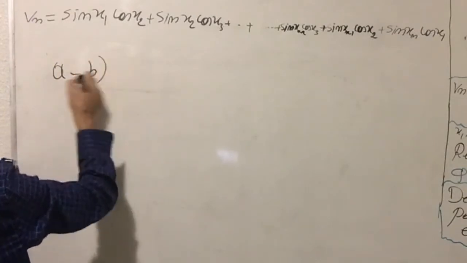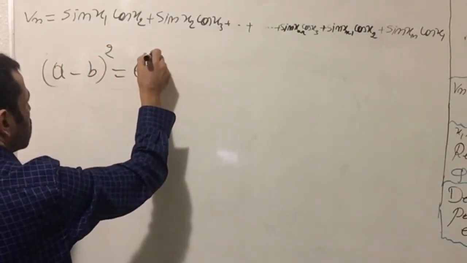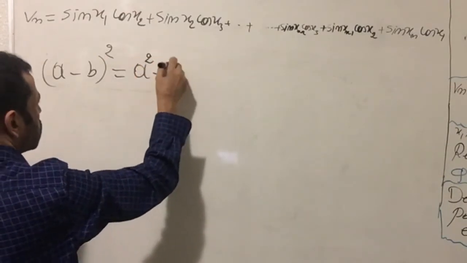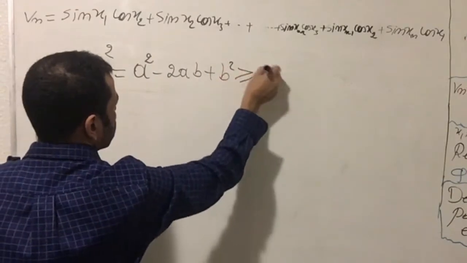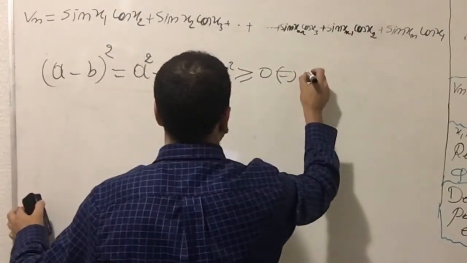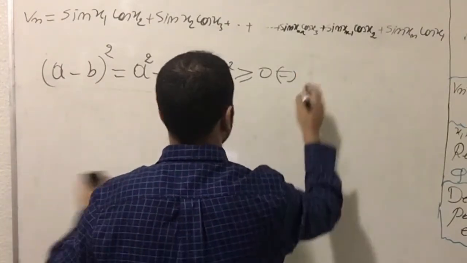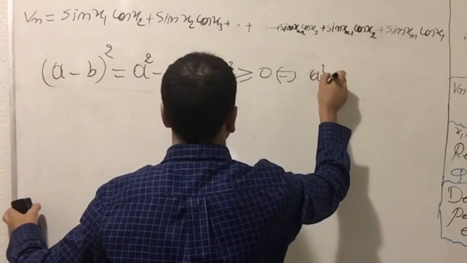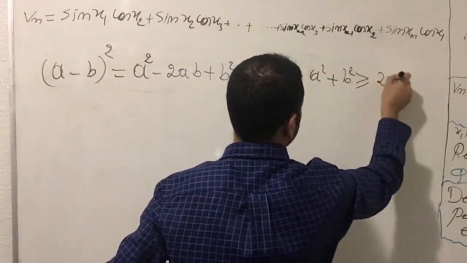As we know, a minus b quantity squared equals a squared minus 2ab plus b squared, which is greater than or equal to 0. This is equivalent to a squared plus b squared being greater than or equal to 2ab.